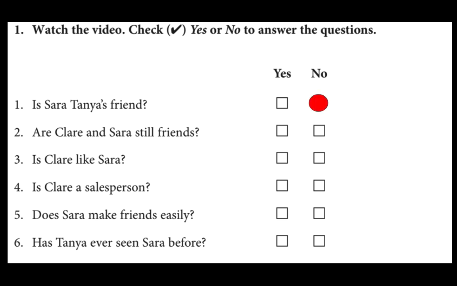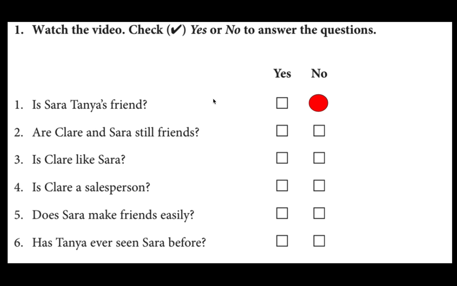Okay, this one, she is not Tanya's friend. So Tanya asks, who is the girl in the picture? She looks very familiar. Claire says, oh, that's Sarah, my best friend. So Sarah is Claire's friend. Are Claire and Sarah still friends?